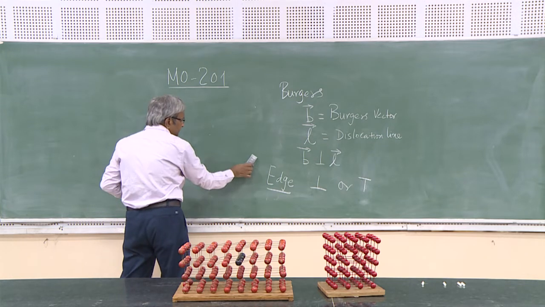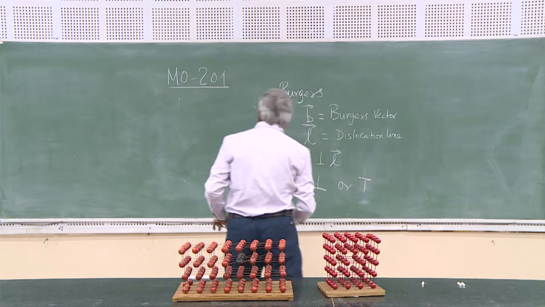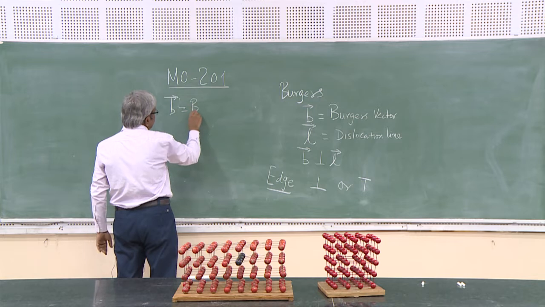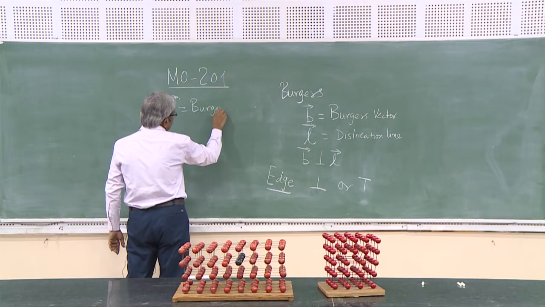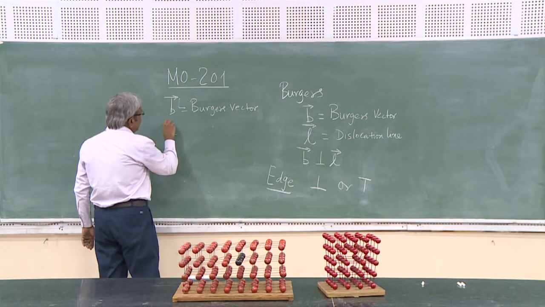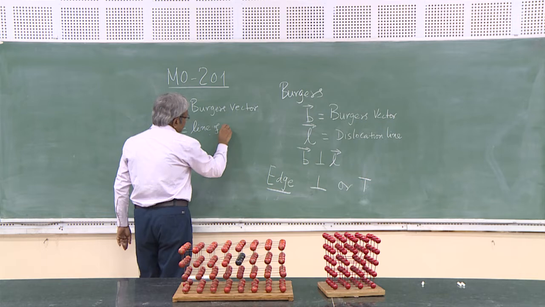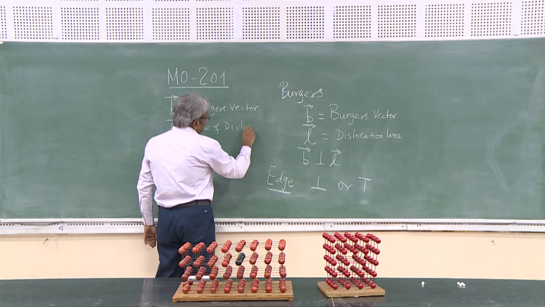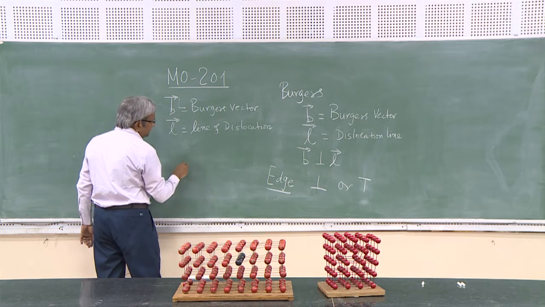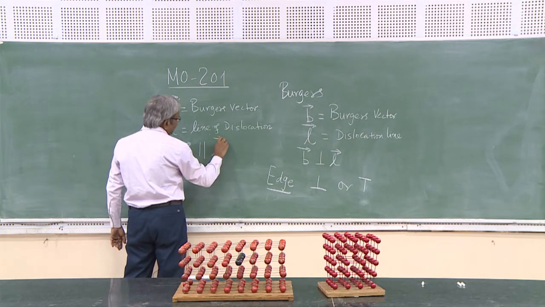So this is about the property of the screw dislocation, and then the property of the edge dislocation. As I have shown you, the screw dislocation has the following property. If b is the Burgers vector and l is the line of dislocation, or dislocation line, whatever you want to say, then in this case what we are finding is that b is parallel to l.